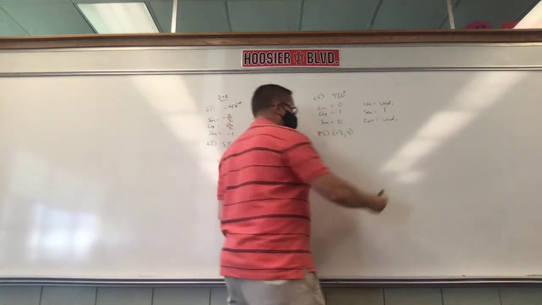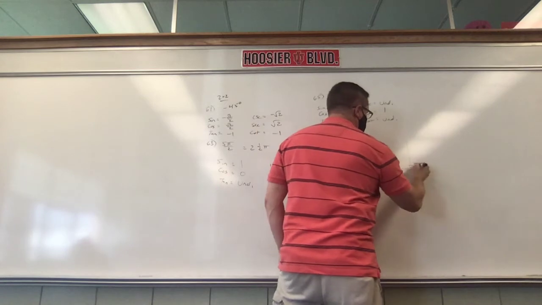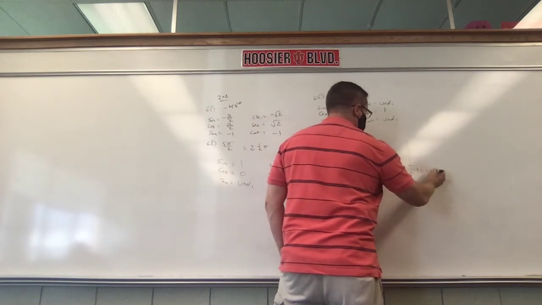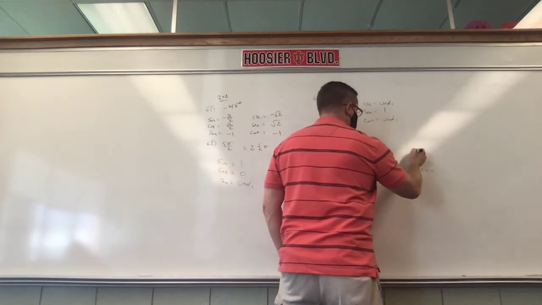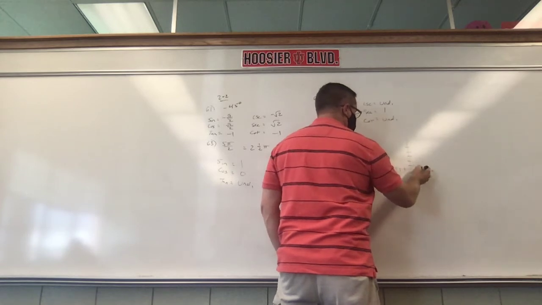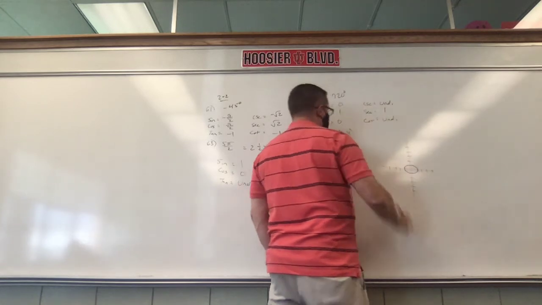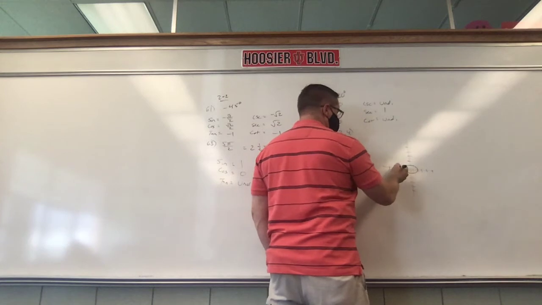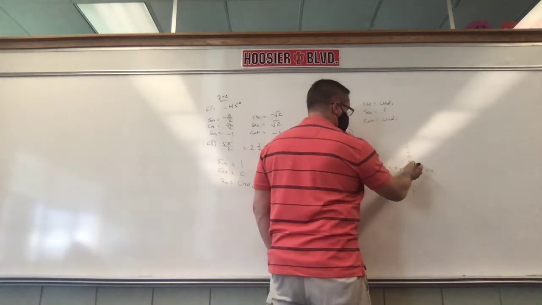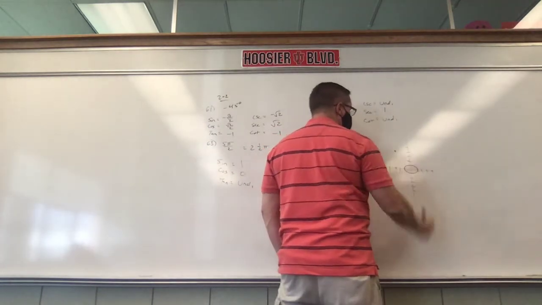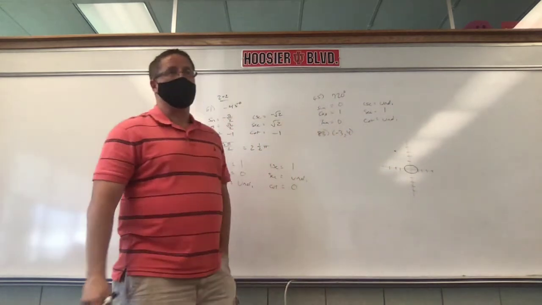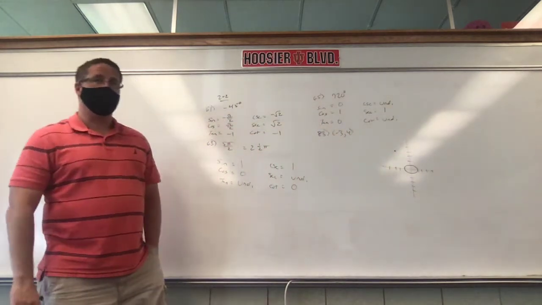Because, if we think about this, I shouldn't have erased that. Here's my unit circle. My unit circle would have looked like this. The point negative 3, 4 is 1, 2, 3, and it's way beyond the unit circle. It's outside the unit circle, okay?